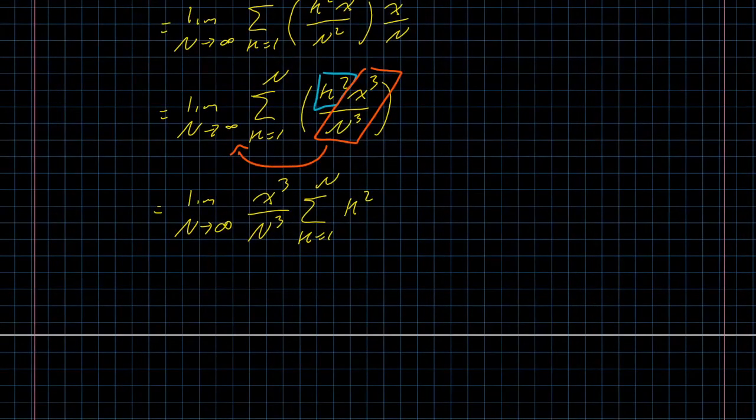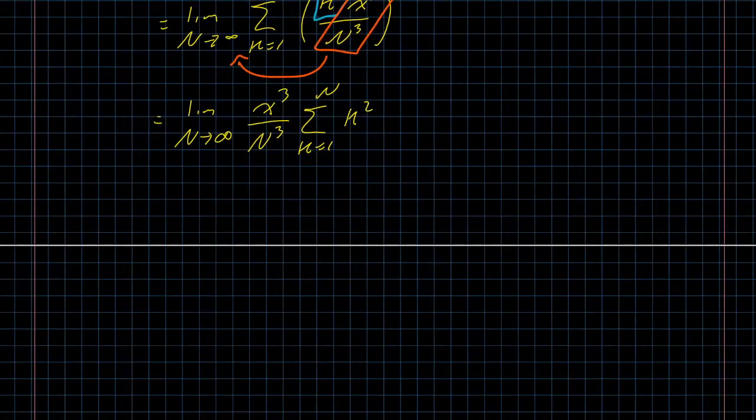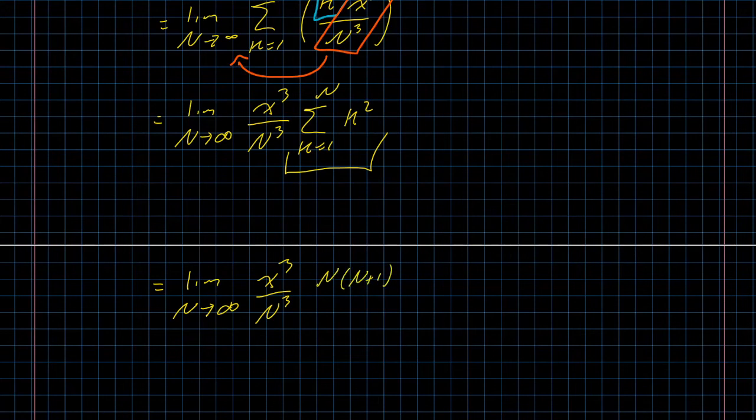K goes from 1 to n of k squared is one of those summations that we talked about a couple videos ago. So my x cubed over n cubed stay the same. The sum, k goes from 1 to n of k squared, is n times n plus 1 times 2n plus 1 all over 6.